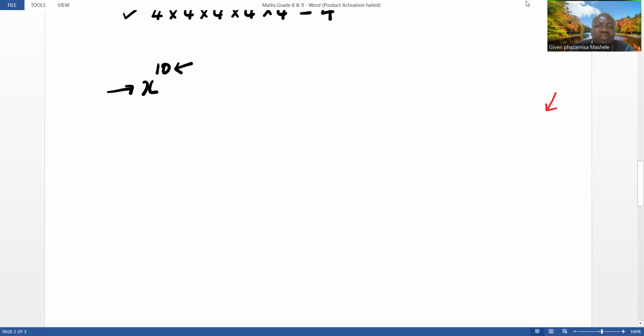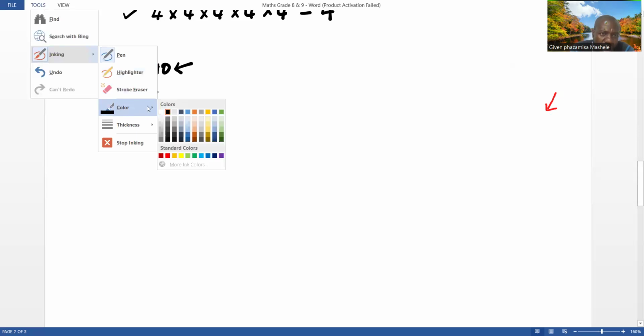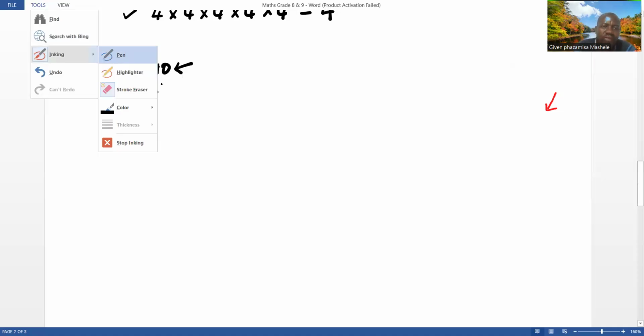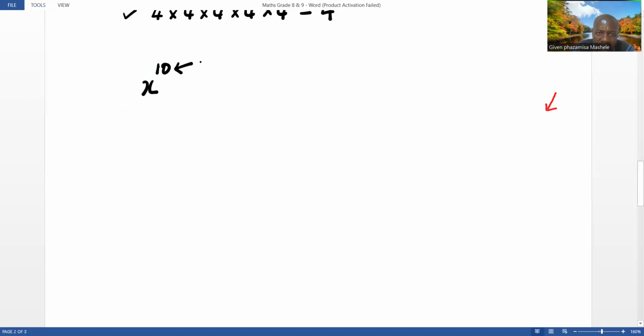When we are given this, we need to know how many times we multiply this x. It's telling us that we have to multiply x by itself 10 times, which means that 10 is called an exponent.